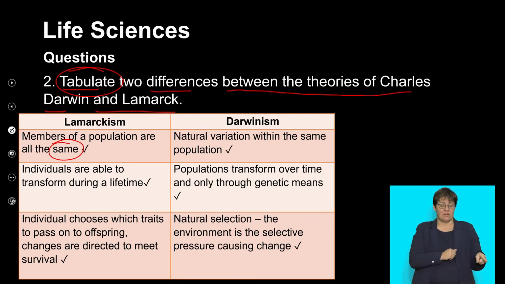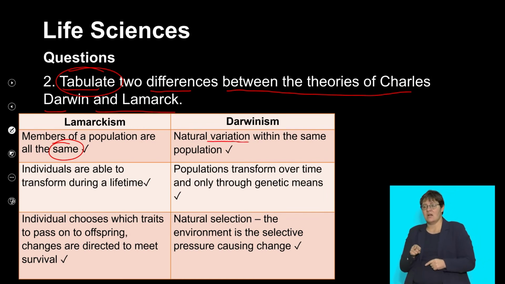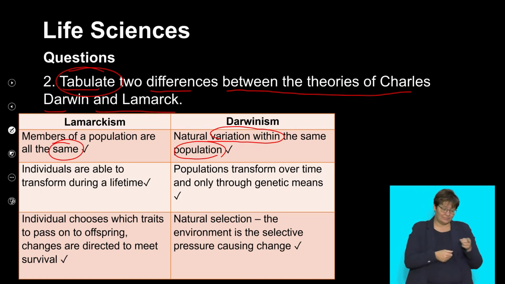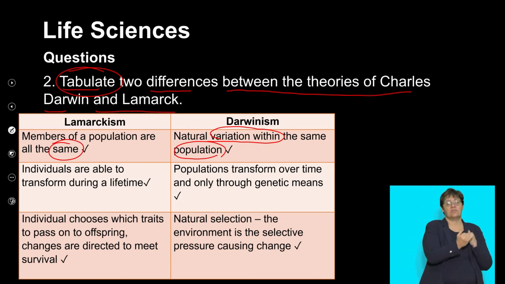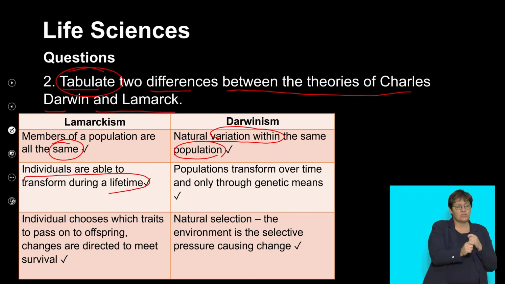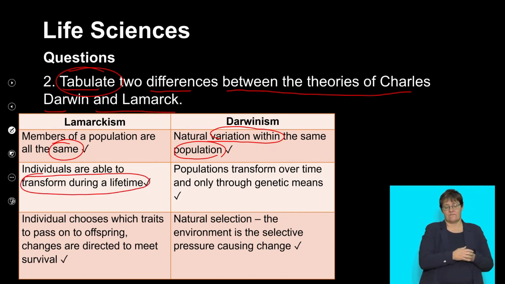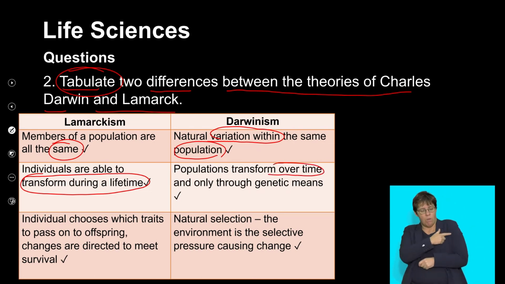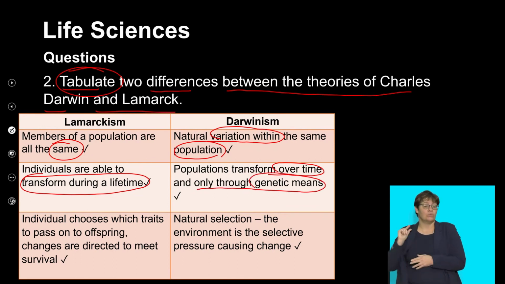However, Darwin mentioned that there was lots of variation within the population, which he referred to as variation in the species.